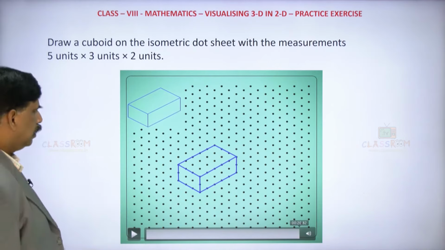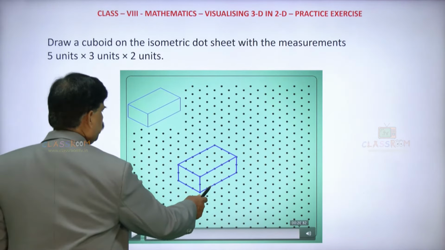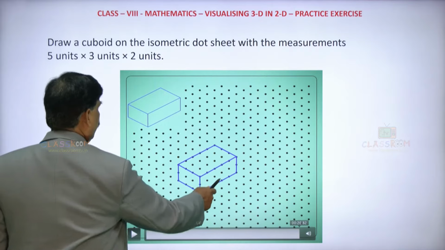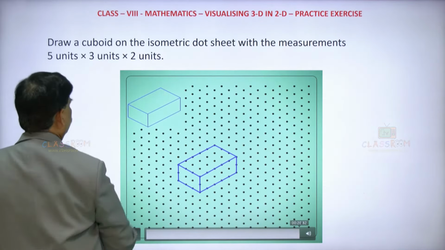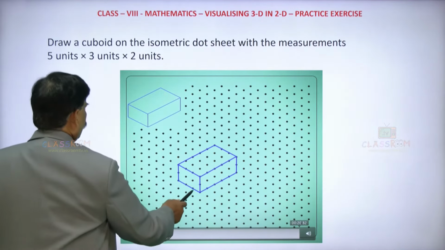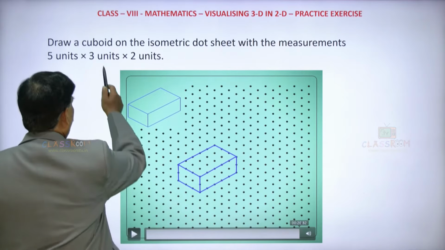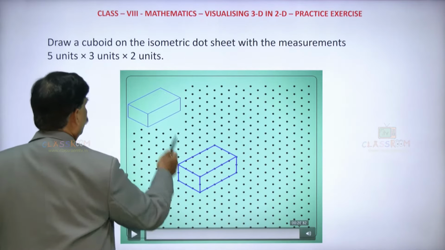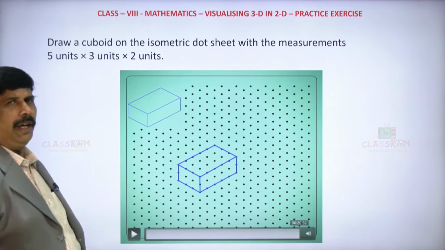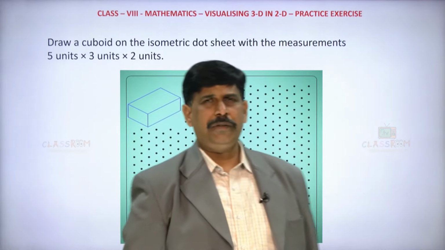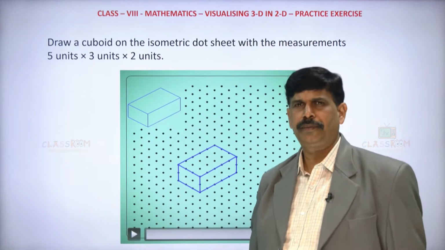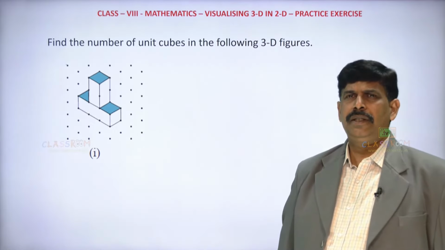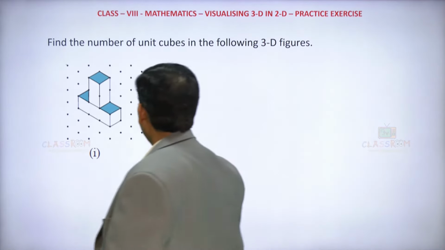So here 1, 2, 3, 4, 5. 5 units the length. 1, 2, 3. 3 units the breadth and 2 units the height. So this is a cuboid with the measurements 5 into 3 into 2. Clear? See the next one here.